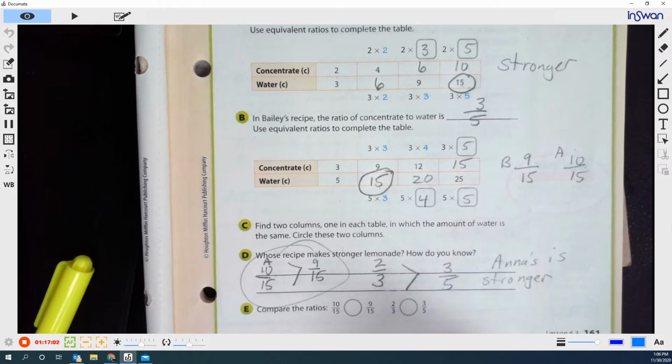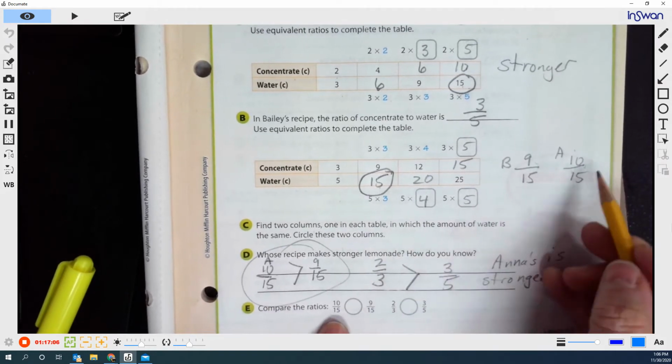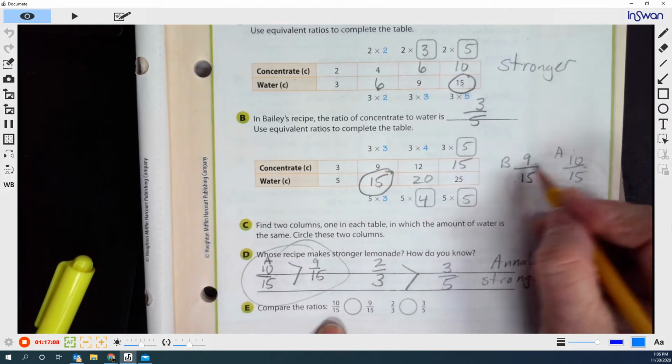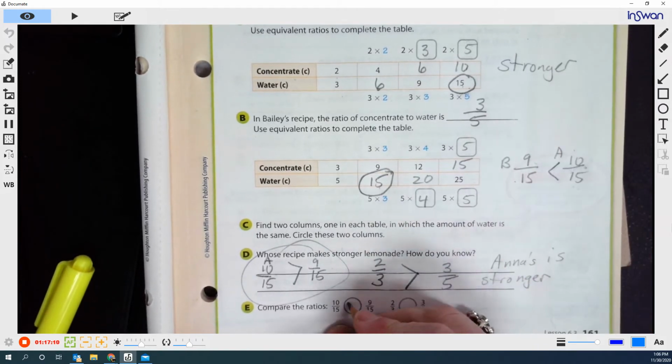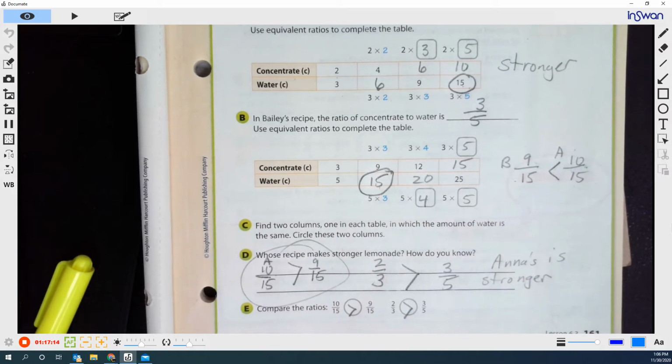So if we were to compare these ratios, like I just did, you've got the 10 fifteenths and the 9 fifteenths. 9 fifteenths is less than 10 fifteenths, so 10 fifteenths is greater, which means 2/3 would be greater than 3/5. Bada bing, bada boom. Okay.